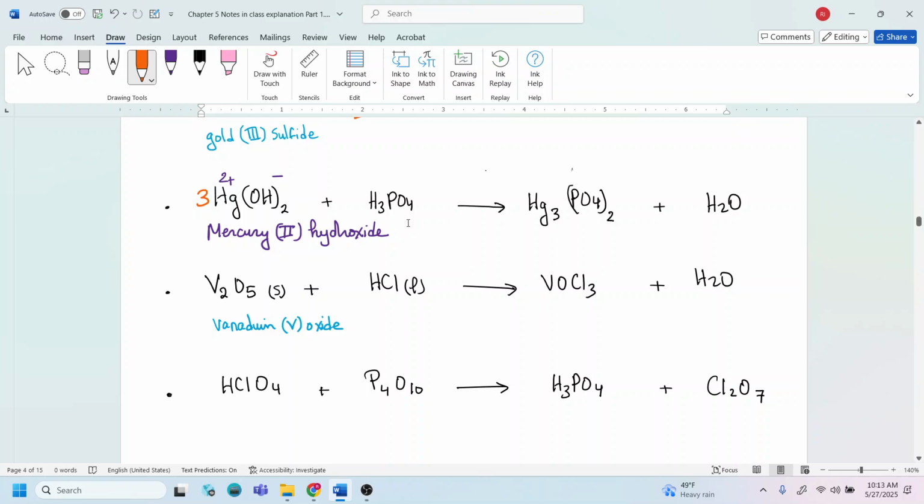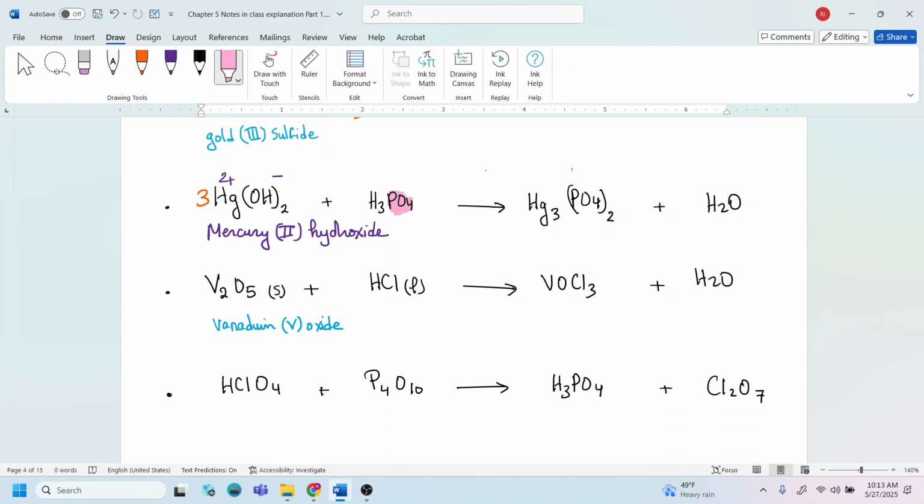And then here's the thing, you guys. Whenever you have a polyatomic ion, balance it as a whole. So I look at the PO4 as a PO4 unit and not as a P and 4 oxygens. It's easier.